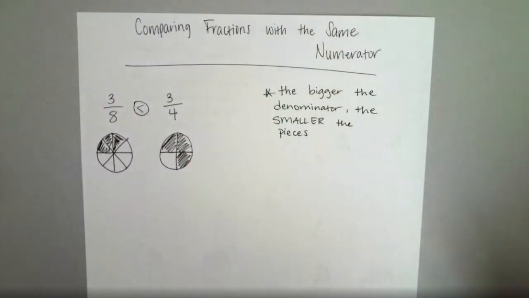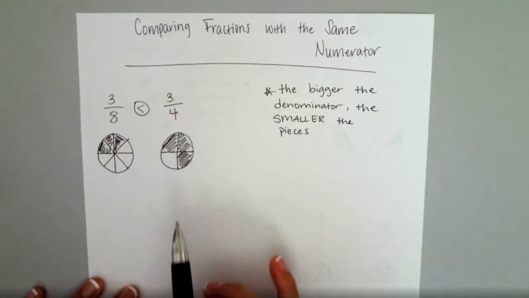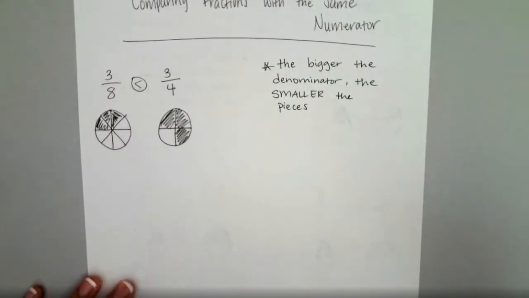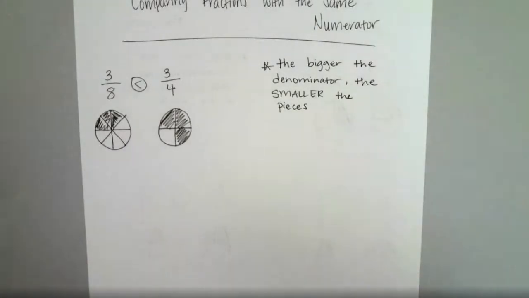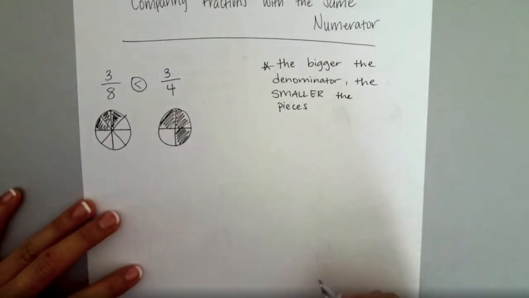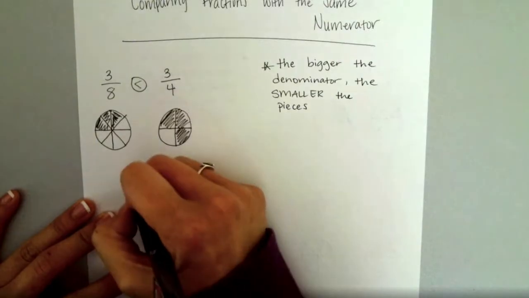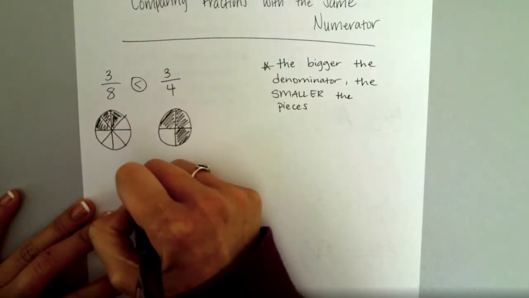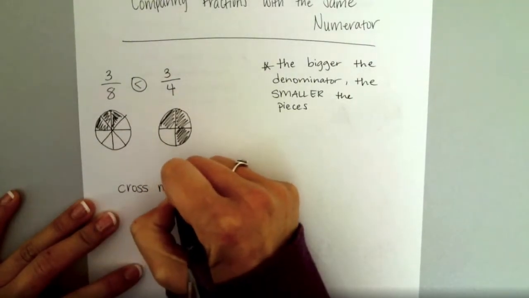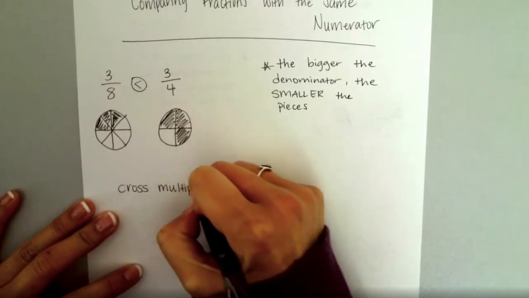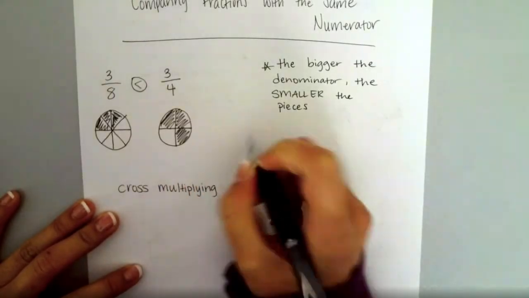Okay, but let's say that you were really kind of in a crunch, in a bind, and you didn't want to draw out these visuals. I'm going to show you what can be called the butterfly method or cross multiplying. And so we're going to practice that with our examples today. So with cross multiplying, here's how we're going to do this.